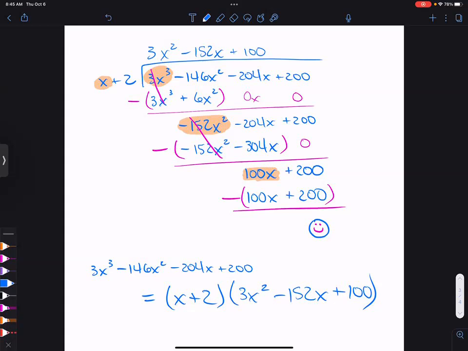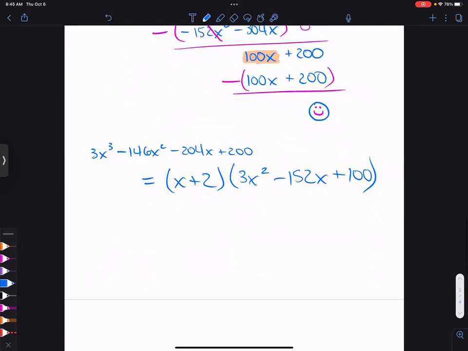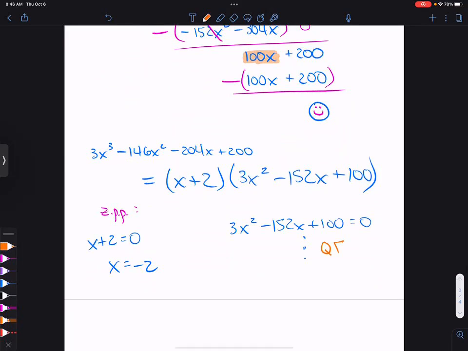So where we would go from here, if we were trying to find all the zeros, is to split that up, using our old friend, the zero product property, and say x plus 2 is 0, so x is -2, or 3x squared minus 152x plus 100 equals 0. And we would do quadratic things, probably with the quadratic formula. And you would get whatever I said they were before, 50 2/3.